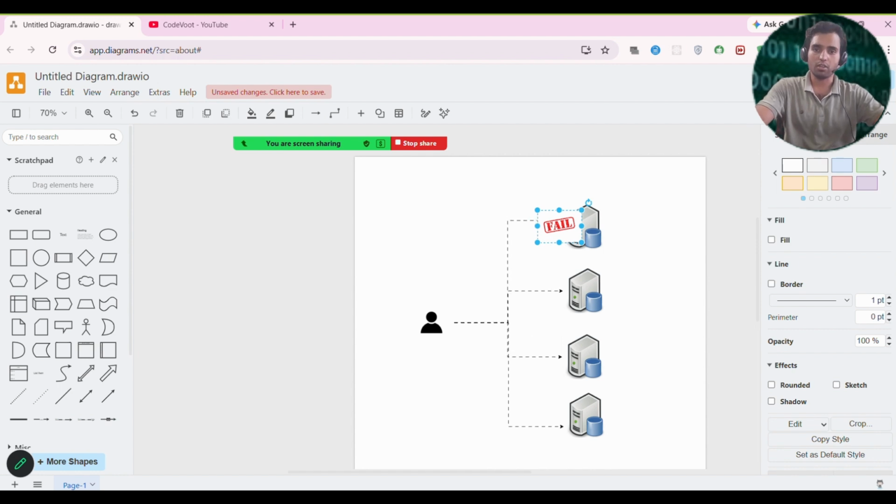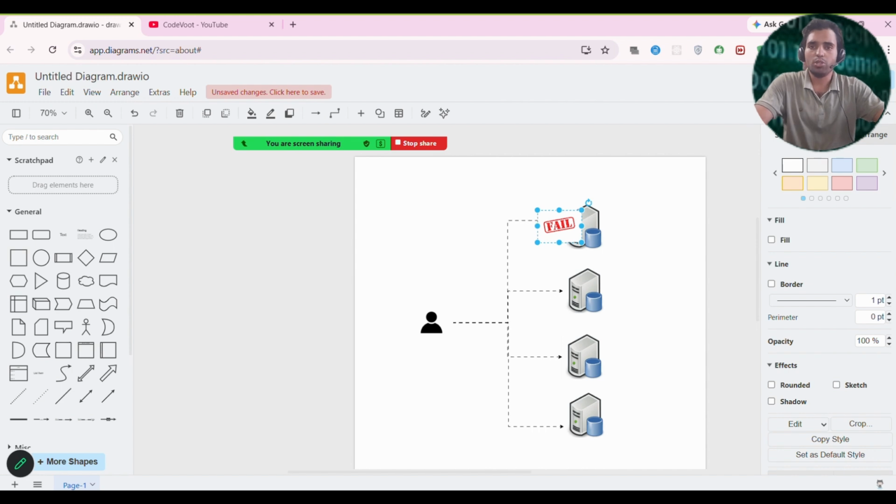A very good example for this is social media likes and comments. The likes or comments you see on a social media application are not always correct. It takes some time to get updated, sometimes hours, sometimes even days. It depends on how long the update takes.